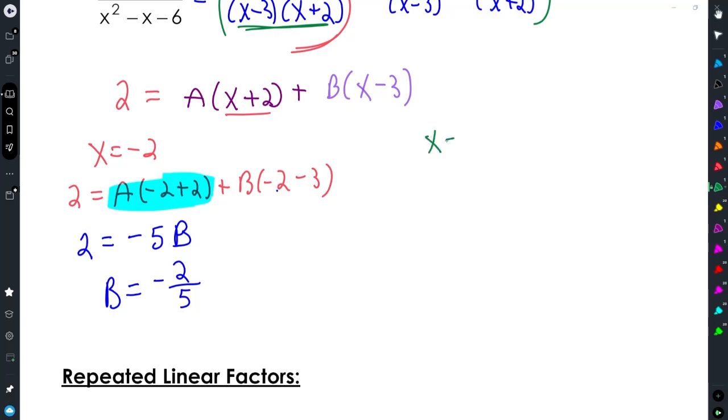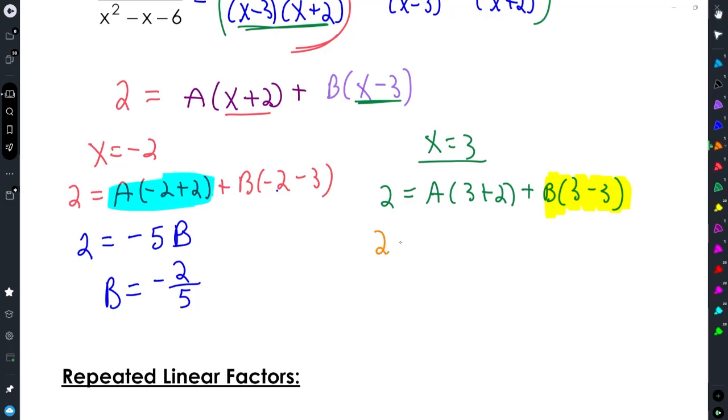Now we have to do x equals 3 because that makes this factor 0. So 2 is equal to A times 3 plus 2, plus B times 3 minus 3. This is 0.